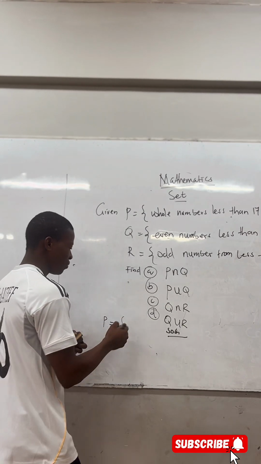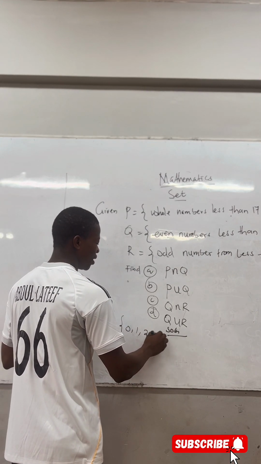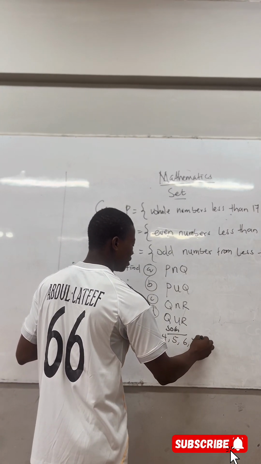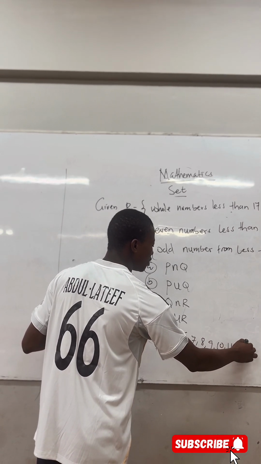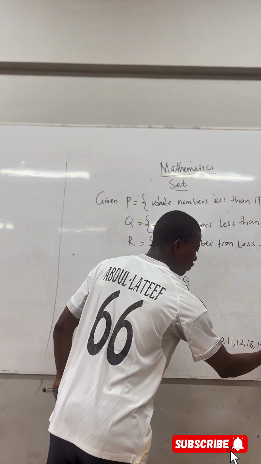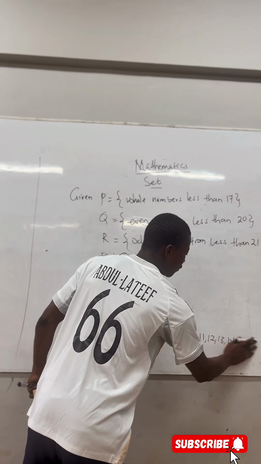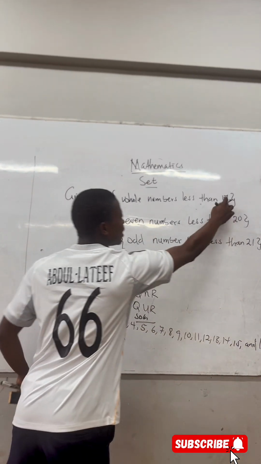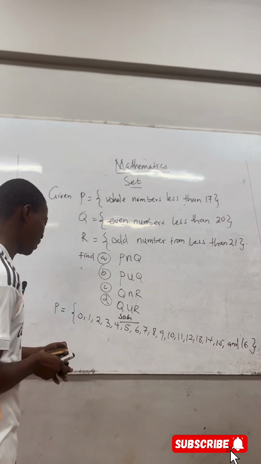So we have 0, 1, 2, 3, 4, 5, 6, 7, 8, 9, 10, 11, 12, 13, 14, 15, and 16, because they said it should be less than 17.